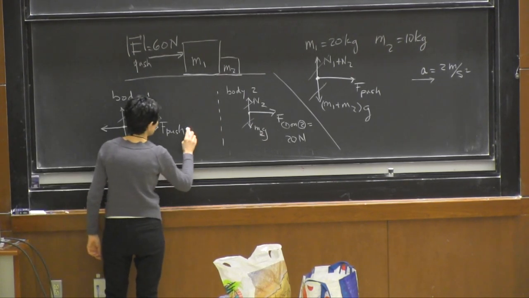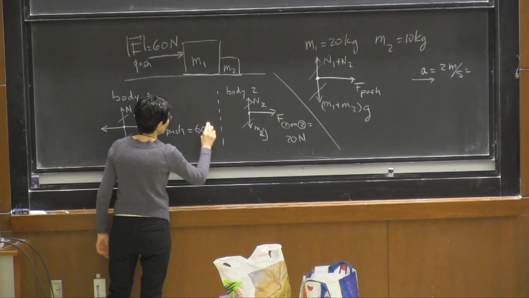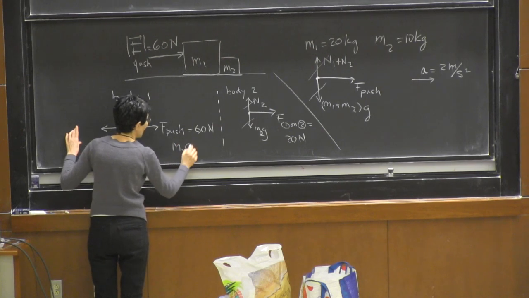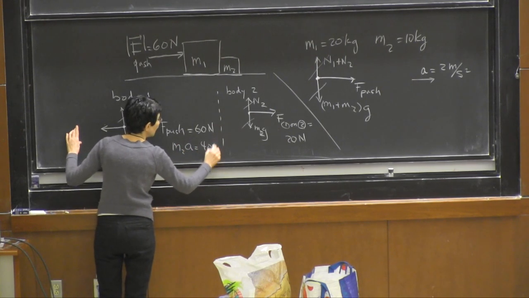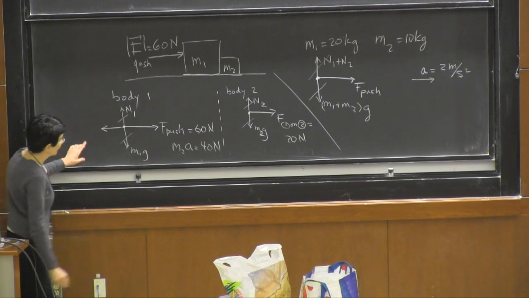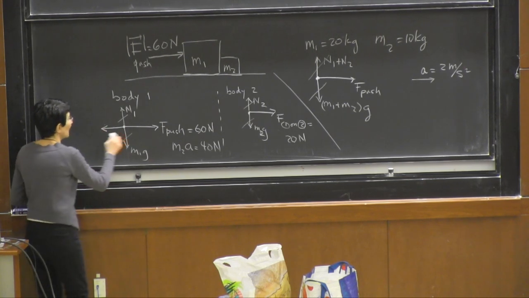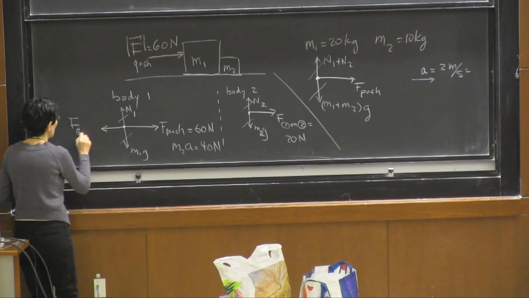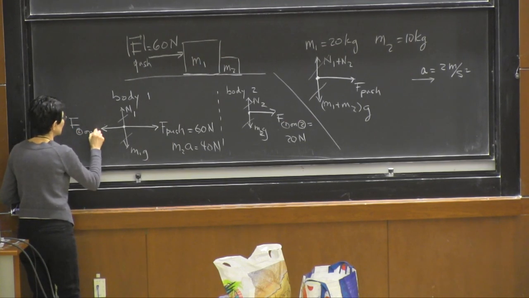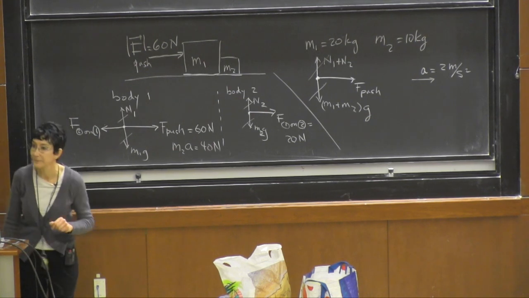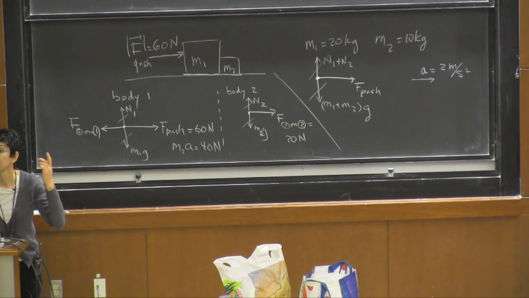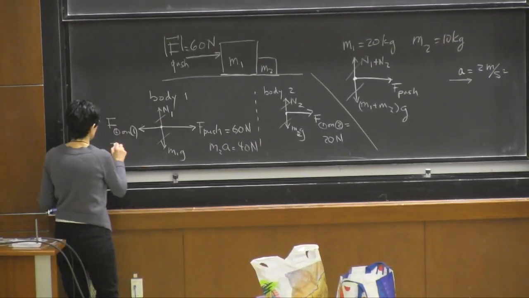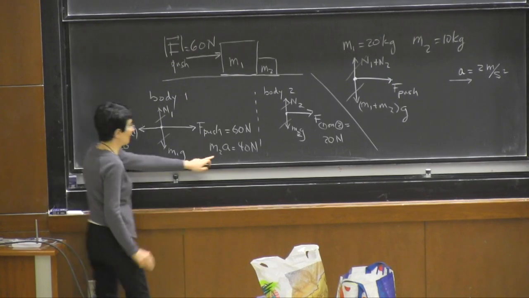So if this is 60 newtons, and I know that the mass times acceleration is 40 newtons, that means that this push, the force of 2 on 1, has to be 20, right? Because 60 minus 20 gives me 40.